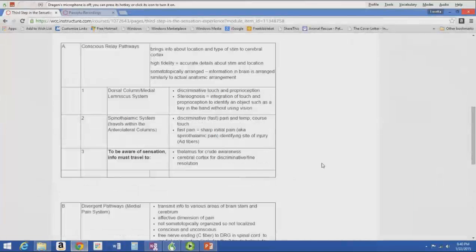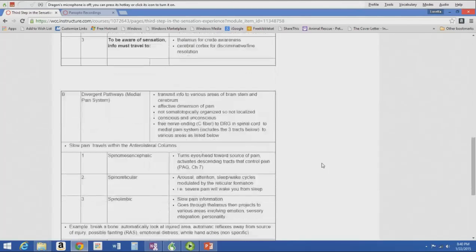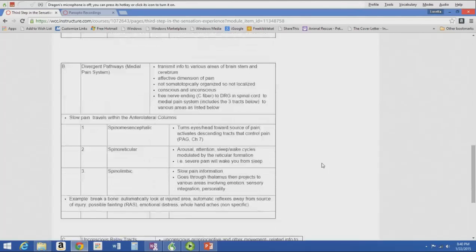So we're going to go back over to the chart here. The divergent pathways are also called the medial pain system. They transmit to various areas of the brainstem and cerebrum, conscious and unconscious information.